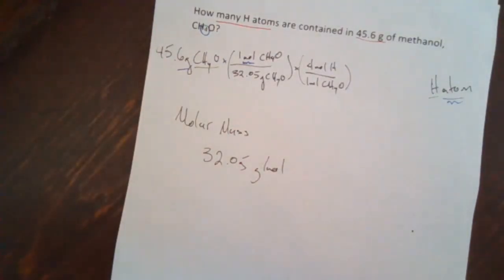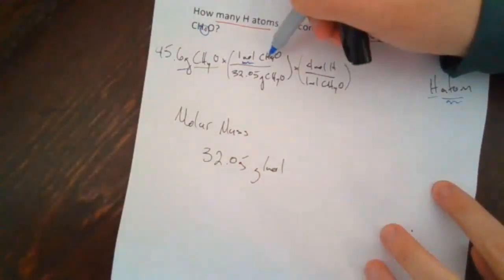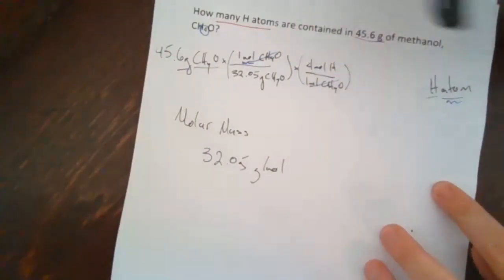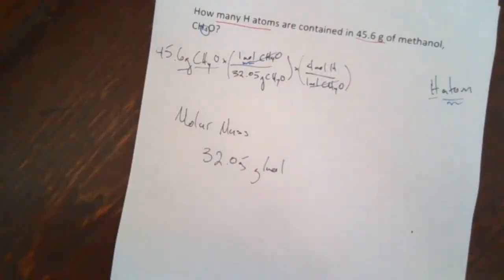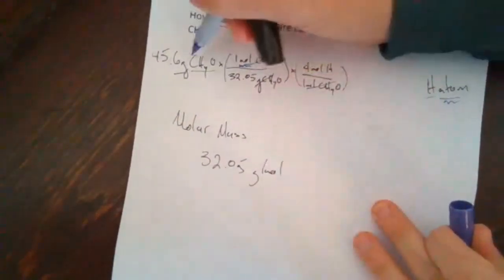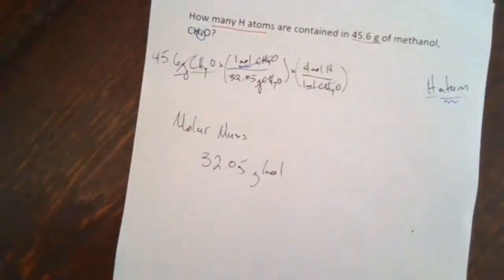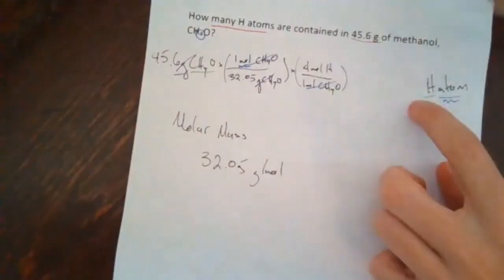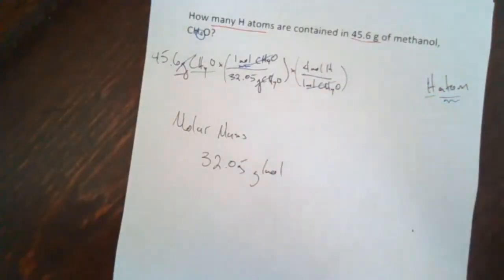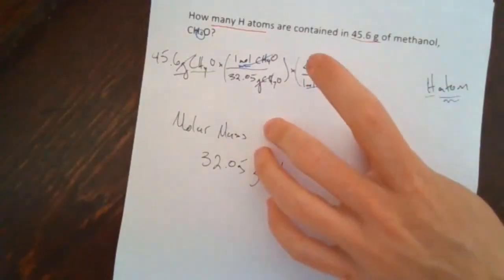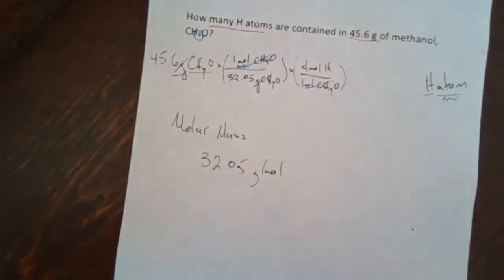So that's great. Cancel out moles of CH4O. I'm now in moles of H, and we got rid of our grams previously, which was good. So now I have the right substance, and that all checks out. The only thing I need to deal with now is the fact that I'm in moles and I want to get to atoms.